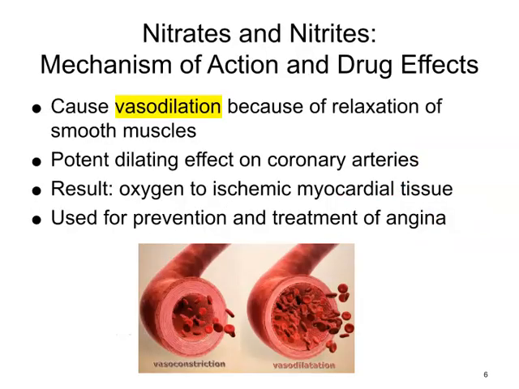The mechanism of action of the nitrates is pretty interesting. So a little walk down anatomy and physiology reminds us that the heart has arteries that feed it, and also we need to have a good amount of oxygen-rich blood supply to the heart, and that also feeds into the coronary arteries as well.